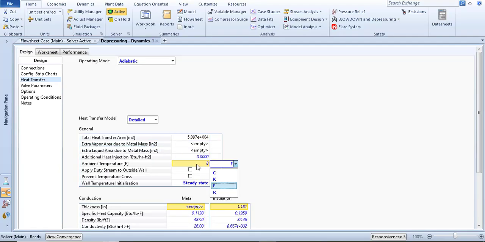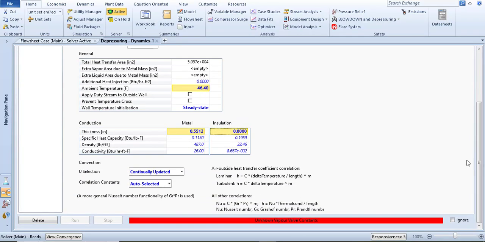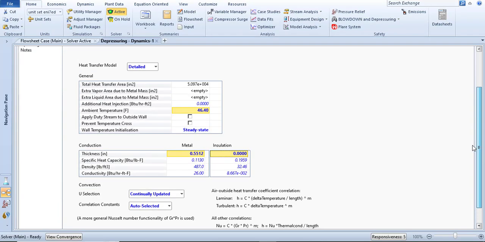Metal thickness is required. For the ambient temperature, I'm going to put 8 degrees C. The thickness, I remember, was around 12 or 15 mm. And the insulation, you have to remove. If you put the insulation, it will not take the credit of the ambient temperature.